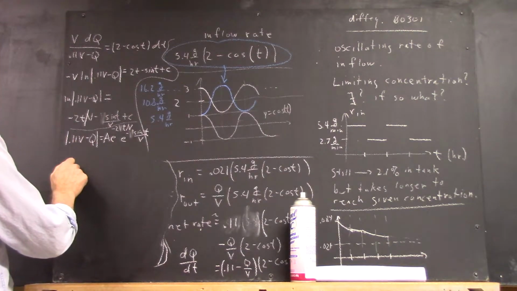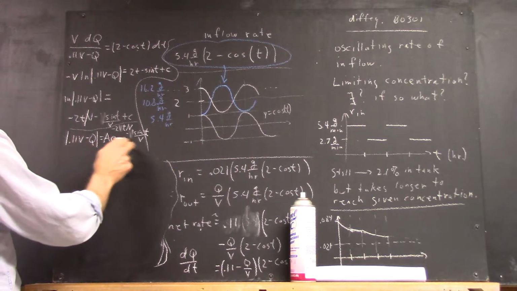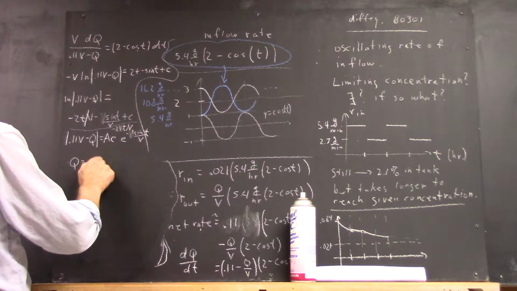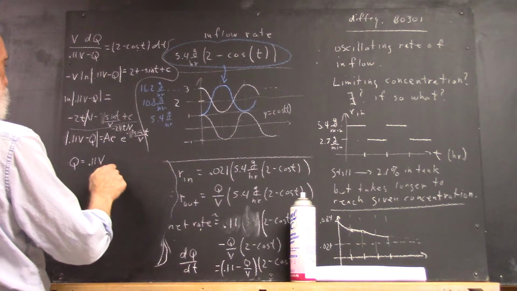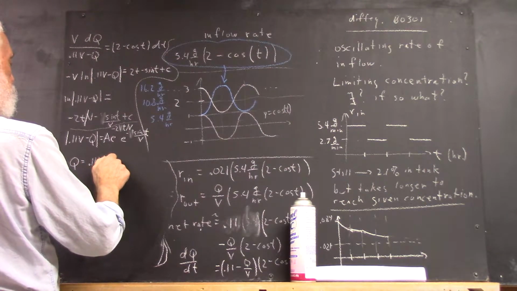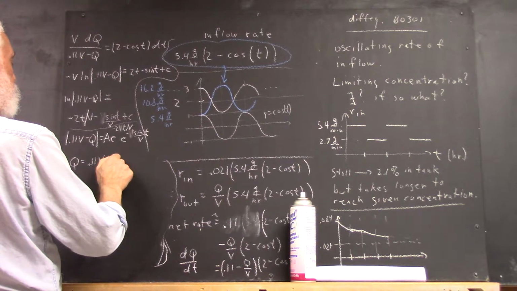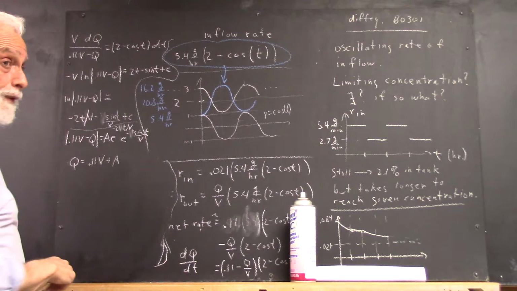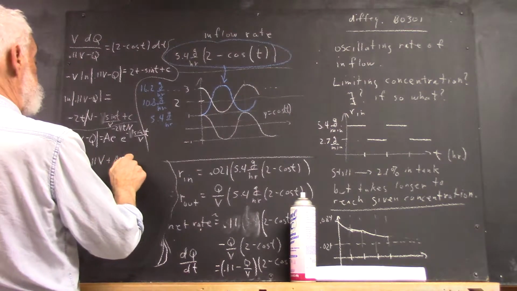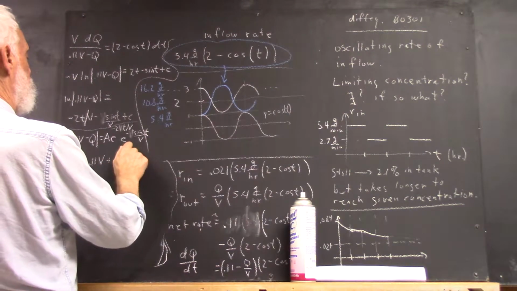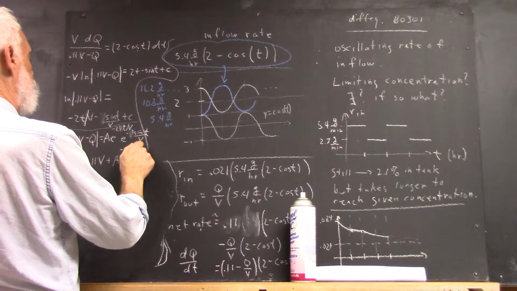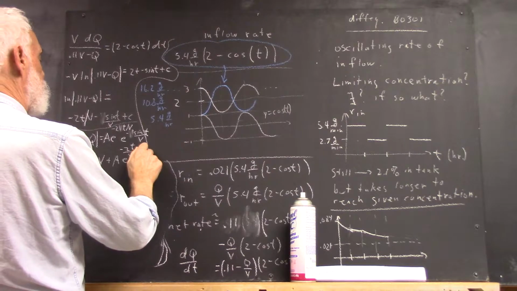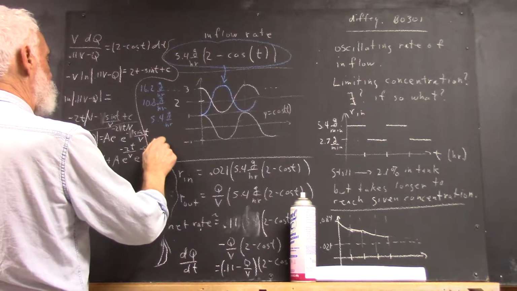We're going to get first 0.11 V minus Q equals this. We're going to then end up with Q equals 0.11 V plus A, and now A can be positive or negative, e to the negative 2t over V, e to the negative sine t.